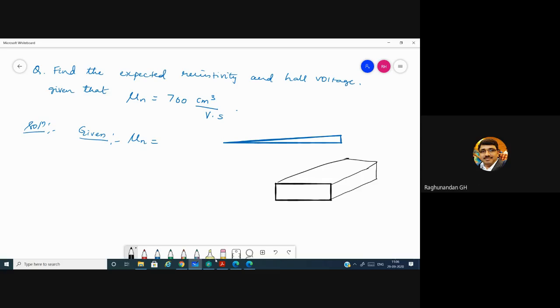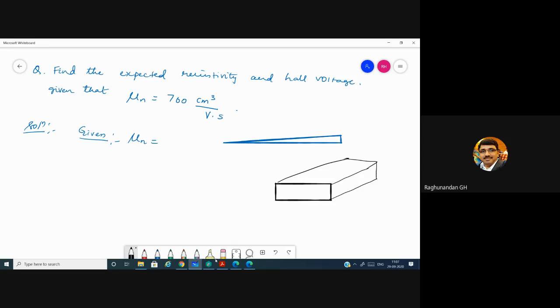Holes. So now my question is, can this slab be N-type? Yes, it's N-type material because electrons are in excess. So a slab, whatever we consider, can be N-type or P-type material.